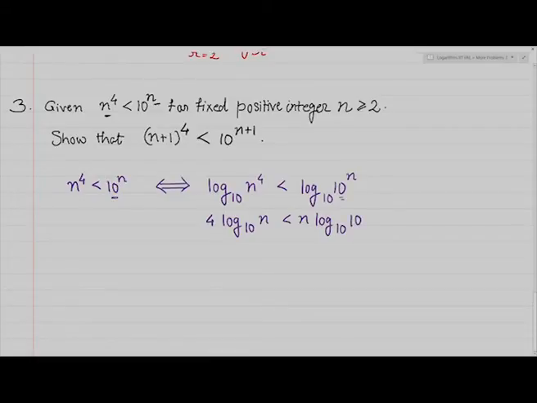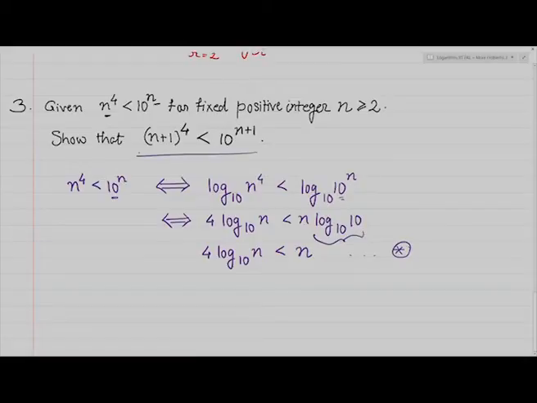So this is equivalent to saying this, isn't it? But now, log to the base a of a is always equal to 1. So I have essentially simplified this as 4 times log to the base 10 of n is less than n. Now let us call this star.